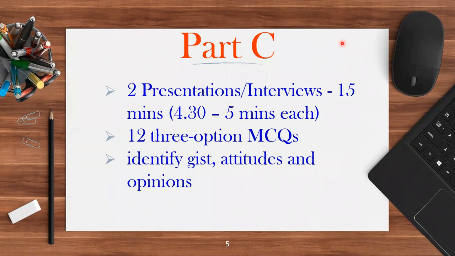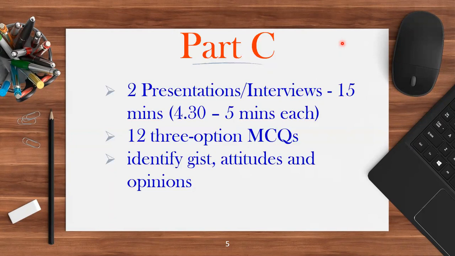So if it's an interview, you would hear the interviewer asking the interviewee questions. So the questions come and then the response. So it is from that response that you get the answer to the questions. Of course, the questions of the interviewer, for example, wouldn't correspond with the questions you have on the question paper.